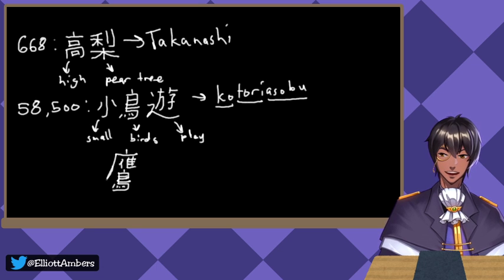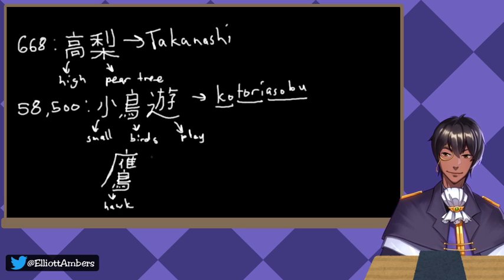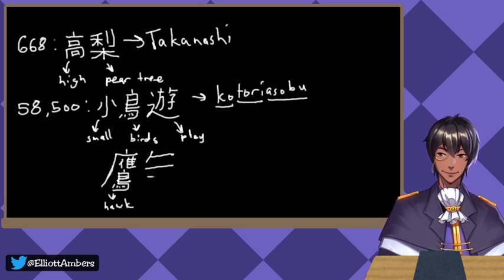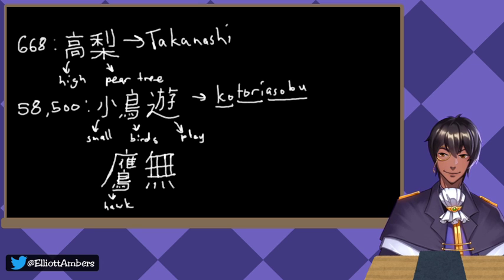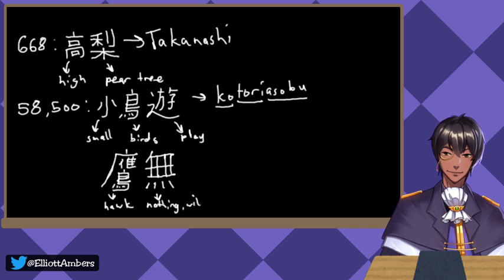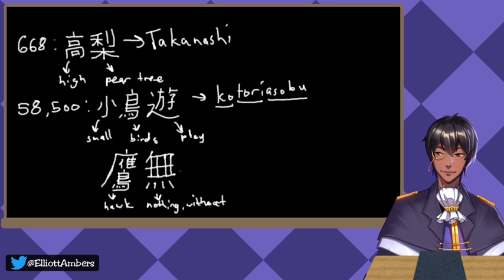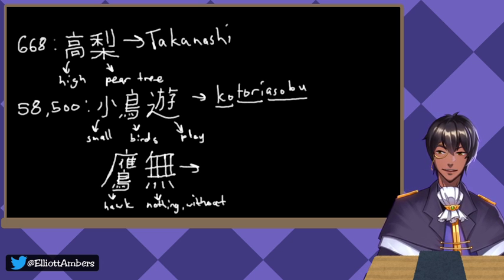This is the kanji for hawk. And then we have nashi, which is typically read as mu or nai, but nashi is another possible reading for this. 1, 2, 3, 4. And this means nothing or without.